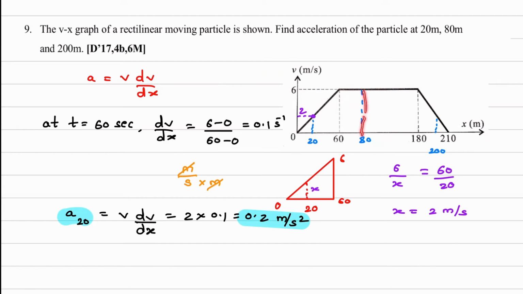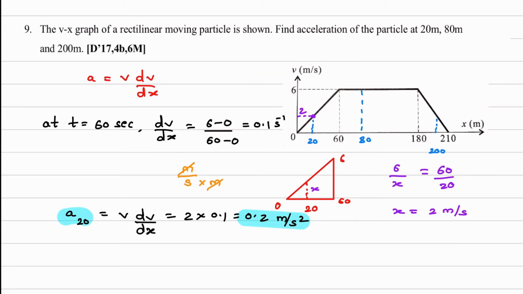Okay, when x is 80, what will be acceleration? When x is 80, what is the velocity? It is 6 meter per second. Now if you carefully observe this, what is the slope of this 60 to 180? 0, right? So acceleration will be what? 0.